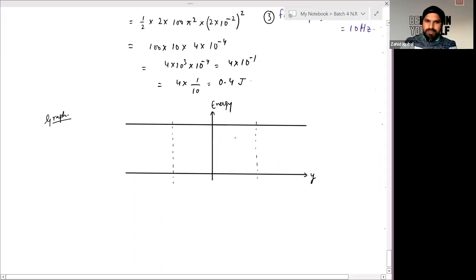For potential energy, which depends upon sine square omega t, and sine 0 is 0. So graph related to that part will be like this.